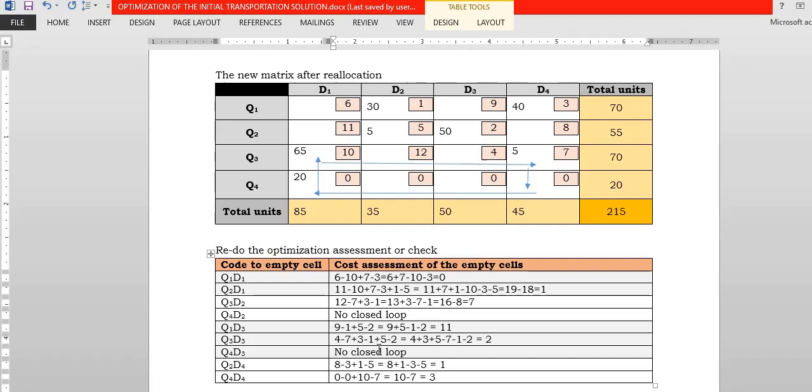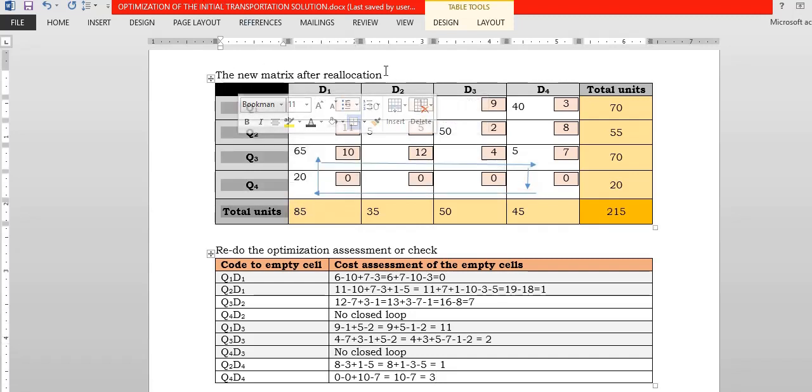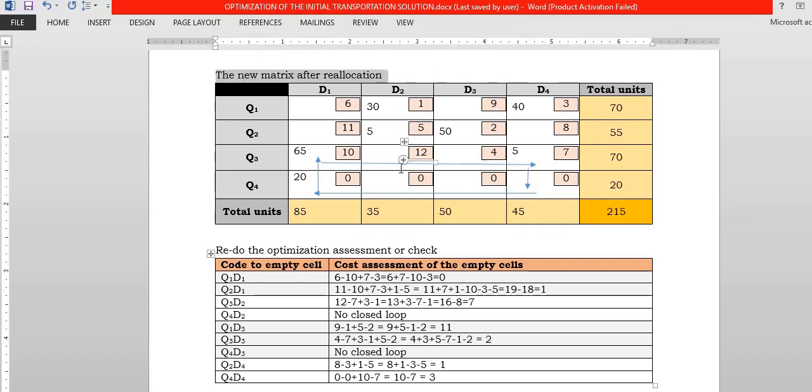So as you can see in this revised cost assessment of the empty cells, all of them are positive, except the ones where you cannot get a loop. Now this gives you one possible meaning that the cost that we currently have, based on the reallocation we did, was here. When we did reallocation here, we came up with a new matrix.